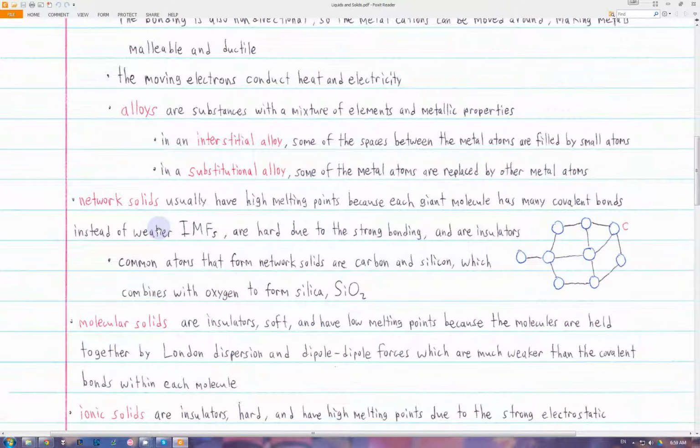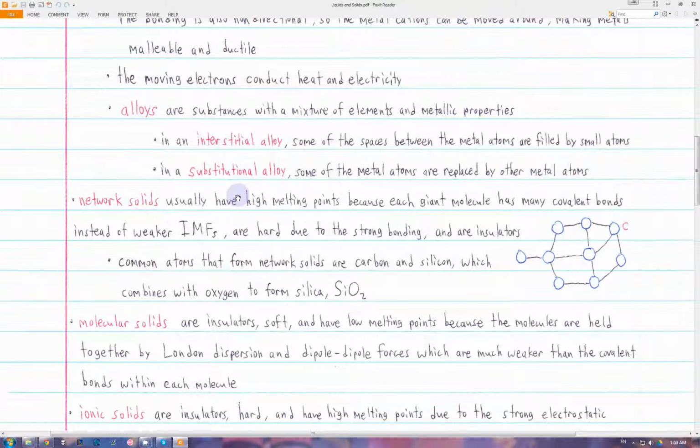So next we have network solids, which again are just huge molecules instead of individual molecules. So here's a network solid. You can see each of these atoms is a carbon and is just bonded together in a huge jumble. And because it's just one giant molecule, all of these are covalent bonds, not the weaker intermolecular forces.